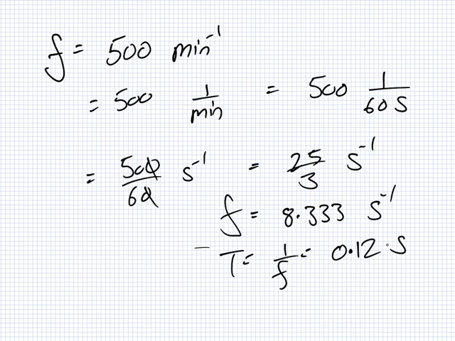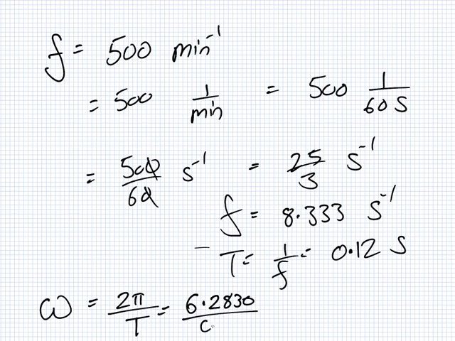Is that right? Yeah, I hope so. The omega is 2 pi over T, 6.2830 over 0.12. Let me think.